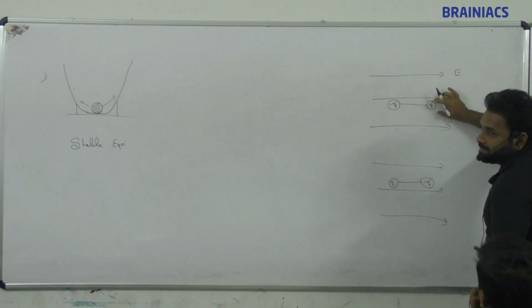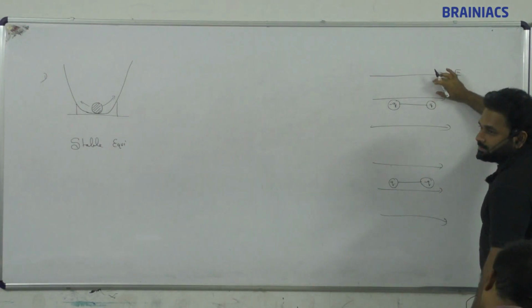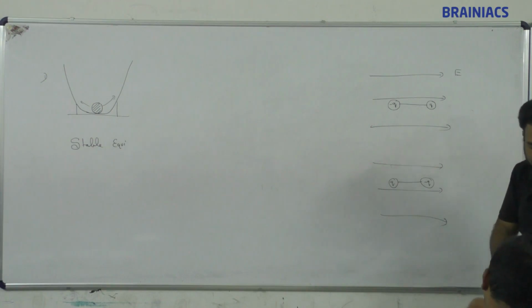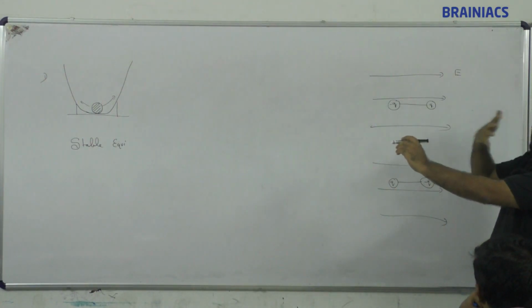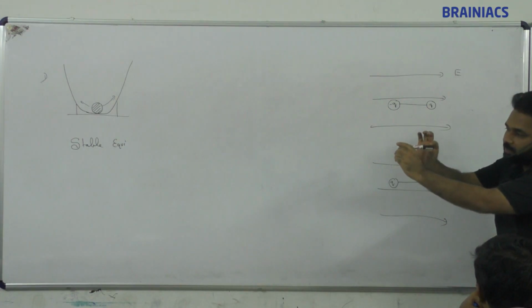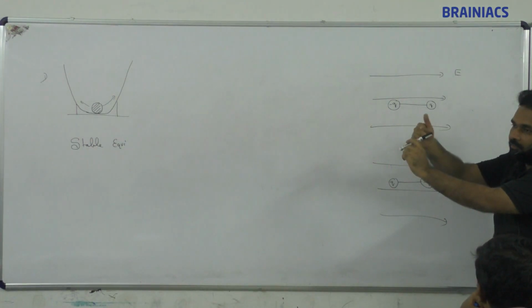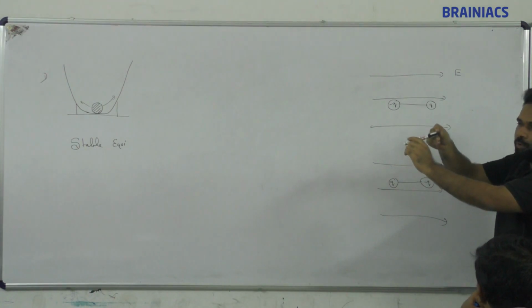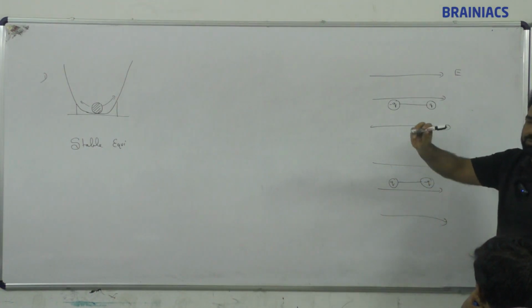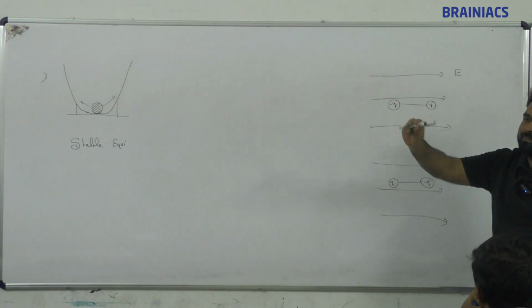Come here. Suppose this is plus q, this is minus q, in an electric field. If I displace this charge like this, what will happen? Force is acting in this direction. Actually, it will oscillate.